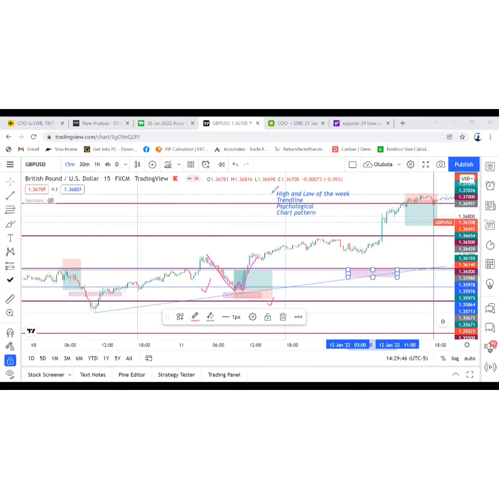Okay, I have this checked. I have this checked. Then the last confirmation I always wait for is the chart pattern. Even if I have my high and low checked, I have my trend line checked, I have all these 3 checks now.